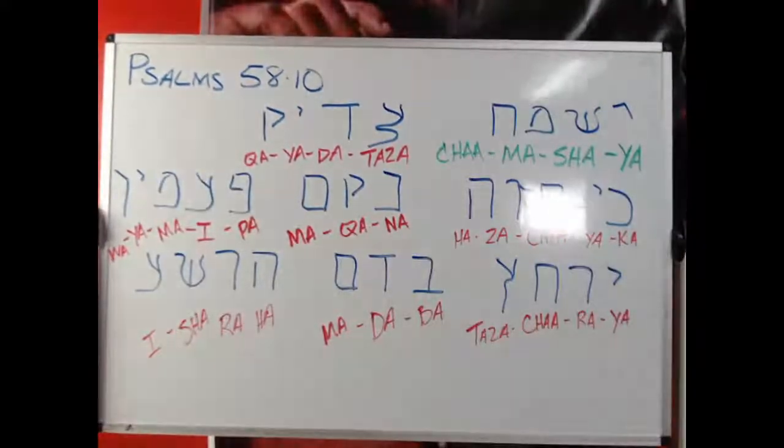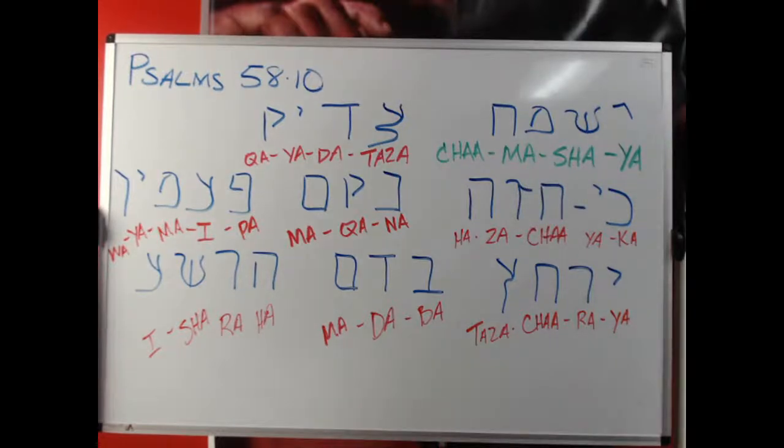All right, so now put that together for me. We have Ha, Ra, Shah, and then I. Harashai. Very nice. So now, you just read in Hebrew the book of Psalms, chapter 58, verse 10.